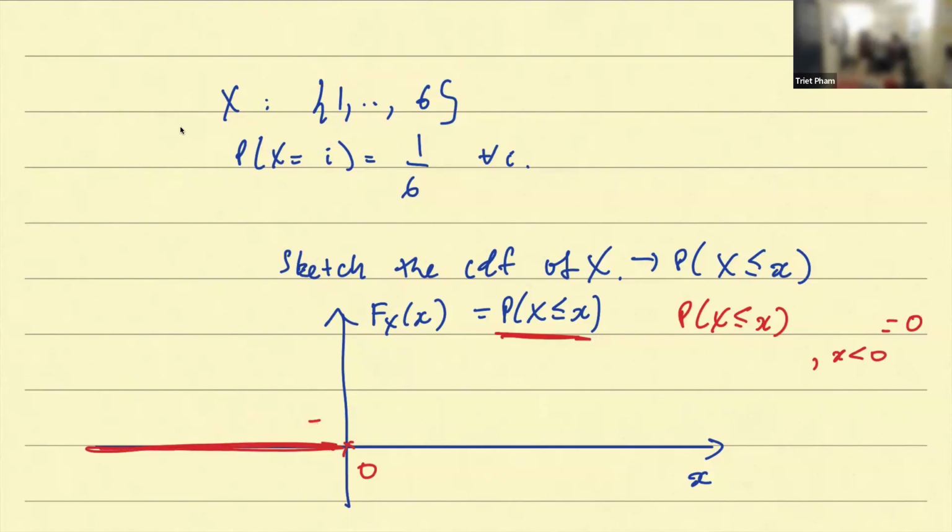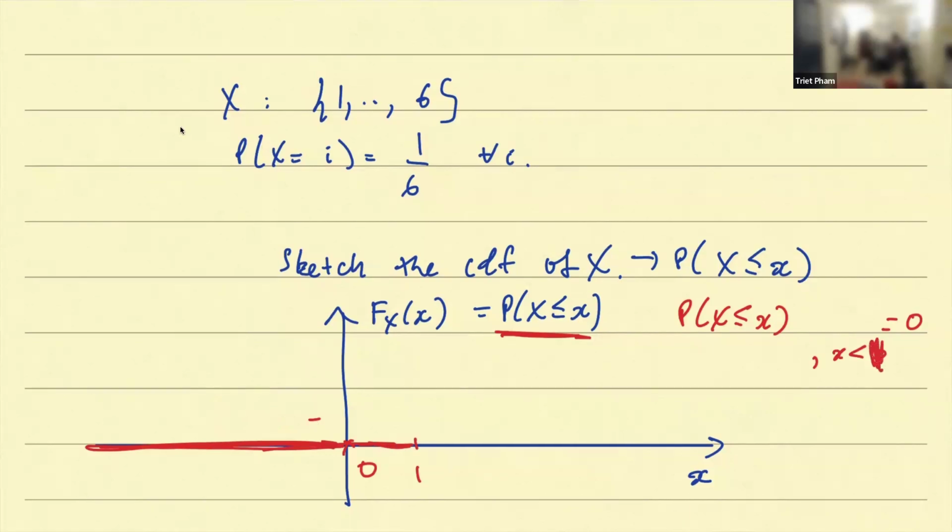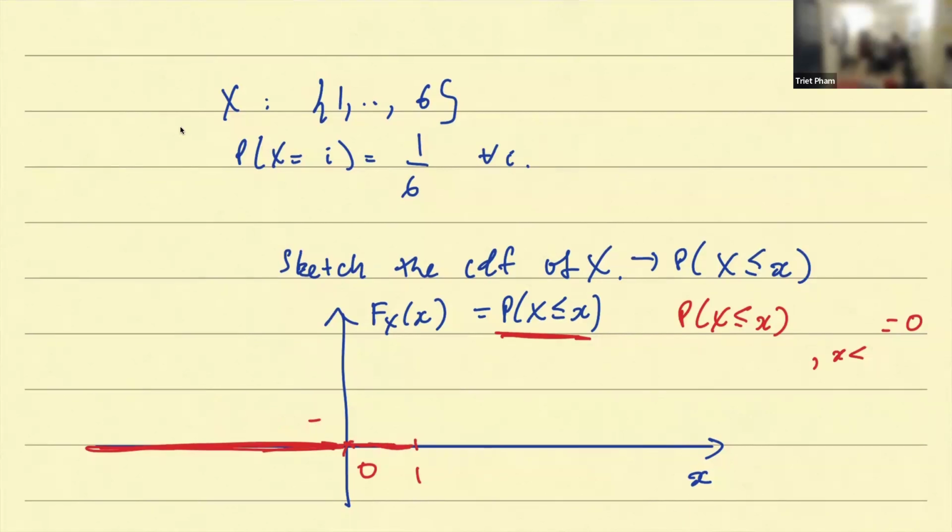Actually, it's 0 up to what? Up to 1, in fact. Agree? Because X takes value from 1 to 6, so the probability of being less than or equal to any value less than 1 will be 0.